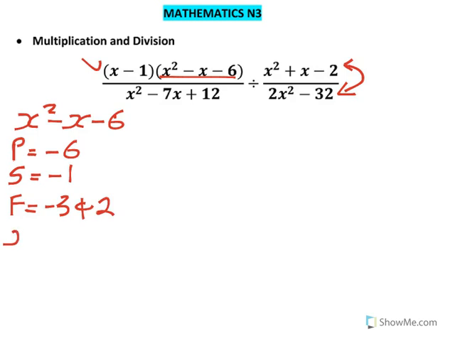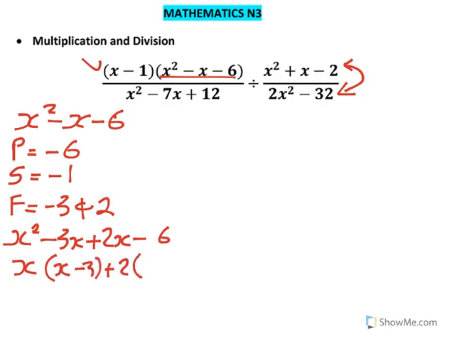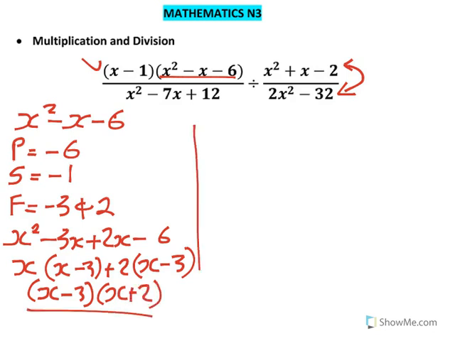So you're going to have x squared minus 3x plus 2x minus 6. So you have got x common there in the first two, x times x minus 3 plus 2 times x minus 3. Then you'll have x minus 3 and x plus 2. That is the first one.